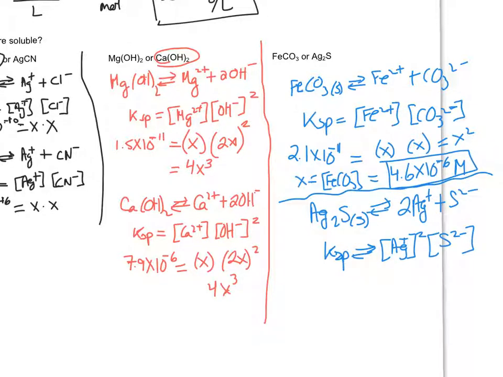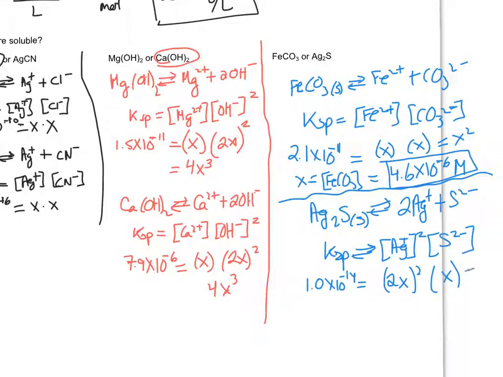Ag2S dissociating into 2Ag+ and S2-. Here's my Ksp expression. My Ksp that I looked up was 1.0 times 10 to the negative 14. Now, if the concentration of the Ag2S in a saturated solution is X, my concentration of the Ag+ would actually be 2X, because there's 2 silver ions for every 1 Ag2S. And then don't forget that's squared. And then the S2- would be X, because it's a 1-to-1 ratio with the Ag2S.